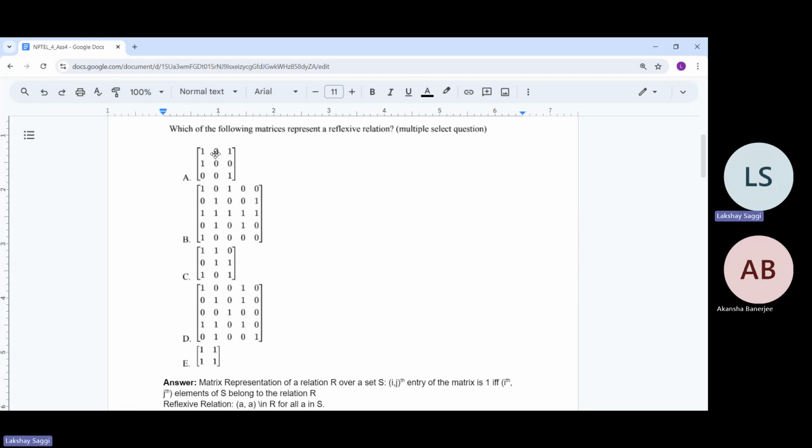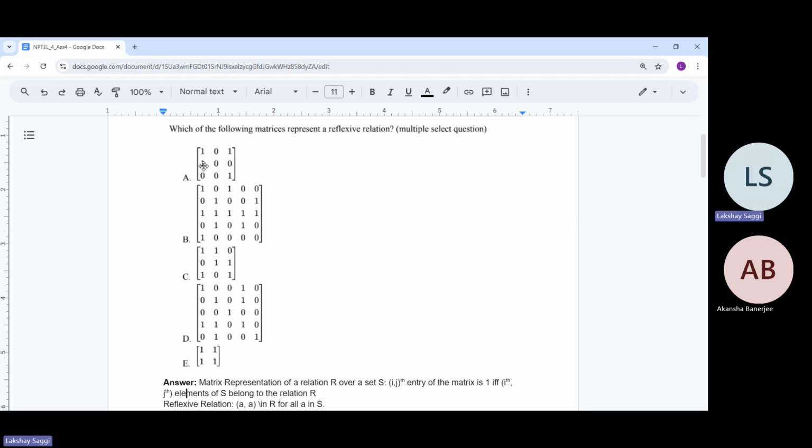So Akansha, in option A, I think A is not symmetric because you can see this. Along the diagonal, the matrix is generally symmetric, right? If you see this entry, this is 0. This entry lies at the first row and second column. So this is 0, but the entry at second row and first column is 1.